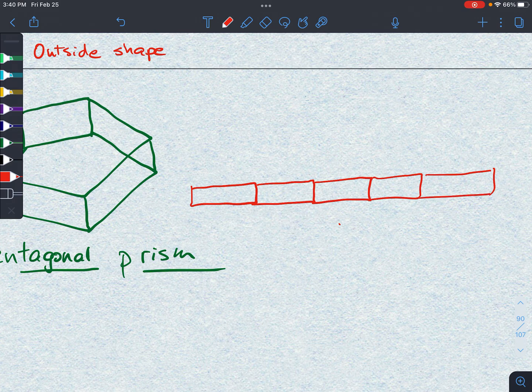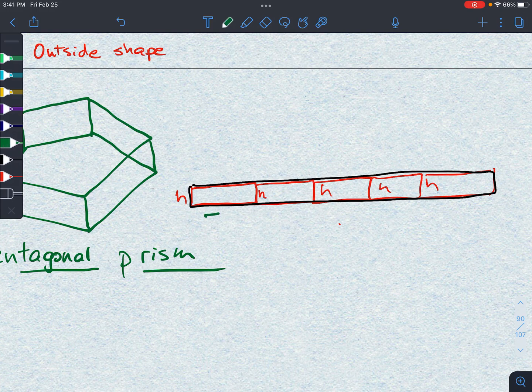Something kind of interesting happens because they all have the same height. So this is, in essence, one big long rectangle with one particular height. And that would be whatever the height or the lateral edge of that shape is.